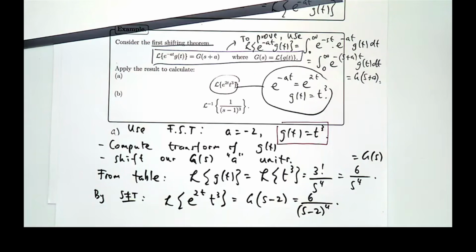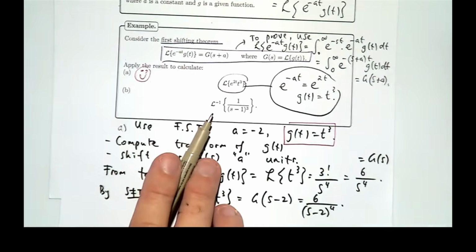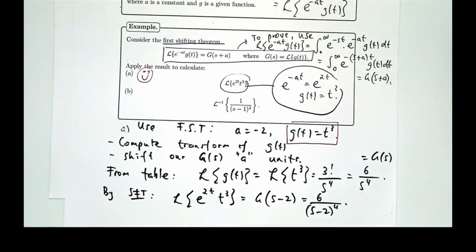Now, of course, you can undo things. Look at part B. So we've done part A. We're super happy. Part B, inverse transform. Okay. Who thinks they can do part B? Who thinks they can do part B?